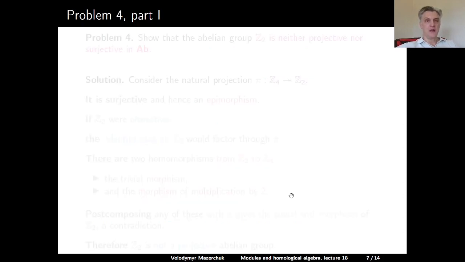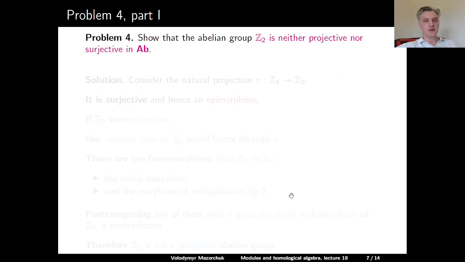Problem 4. Show that the abelian group Z2 is neither projective nor surjective as an object in the category of abelian groups. Solution. Consider the natural projection pi from the abelian group Z4 to the abelian group Z2.